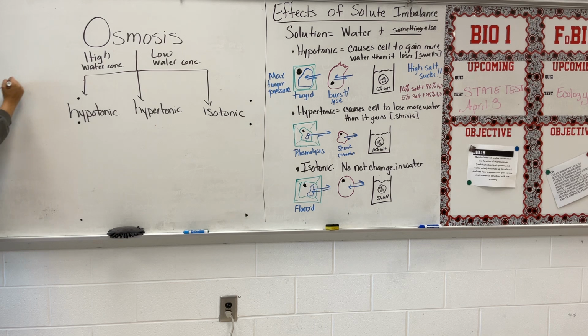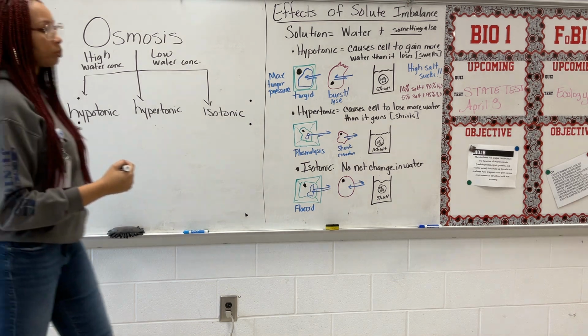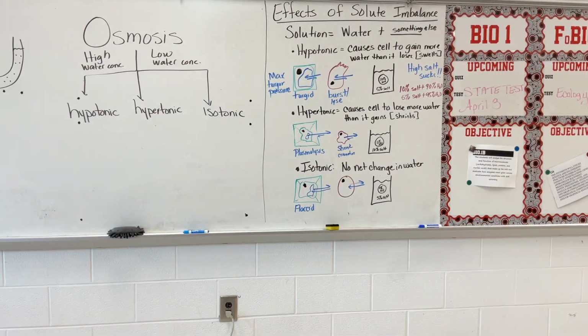So if I had a U-tube with a semi-permeable barrier, and I had this much water on this side, but it was 4 particles, and twice as much water on this side, but it was 8 particles, this is equal concentration, okay? So, let me show it to you because you can't see it.